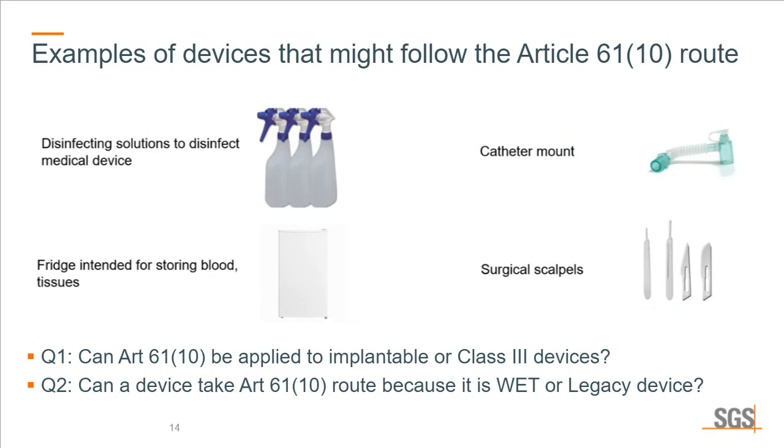For example, disinfecting solutions to disinfect medical devices, catheter mounts between a catheter and a breathing mask or something like that, fridges intended for storing blood or tissues, or surgical scalpels.